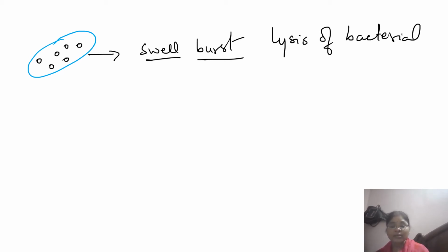Now there is another kind of protein which we call opsonins. Basically, the presence of infection or bacteria around stimulates these complement proteins.